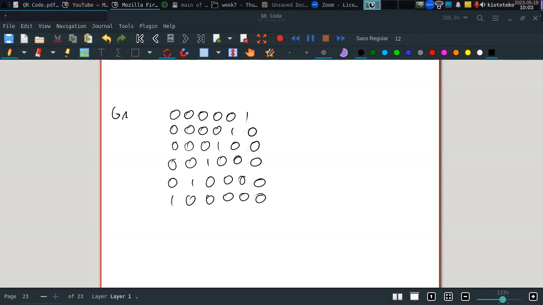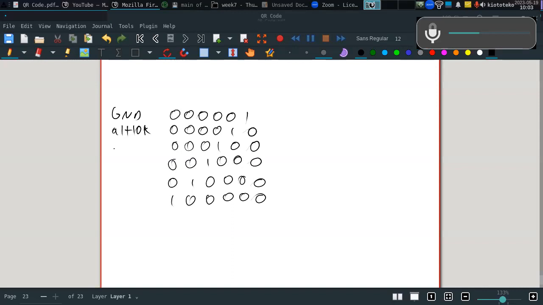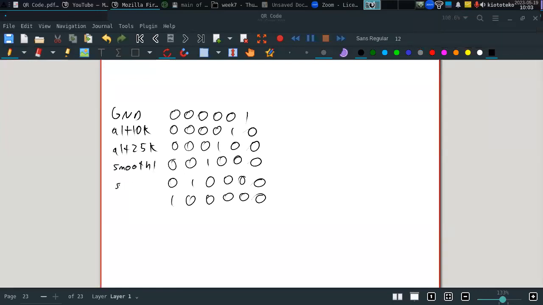And this corresponds to ground, Alt 10K, Alt 25K, smooth 1, smooth 2, smooth 3. Those are all our states, no?